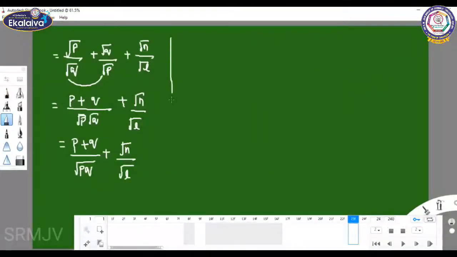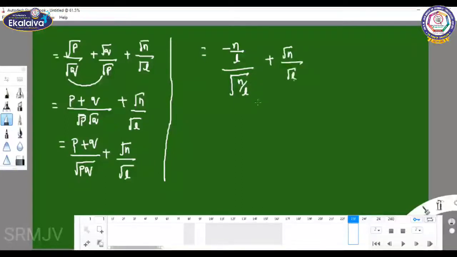It gives p plus q, which is nothing but minus n by l, by root of pq, which is nothing but root of n by l, plus root n by root l.